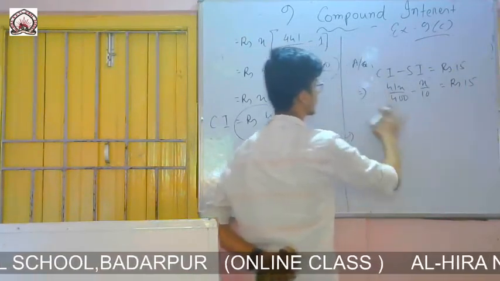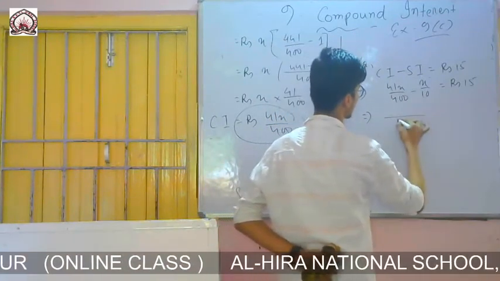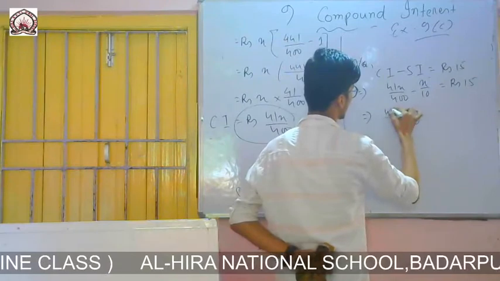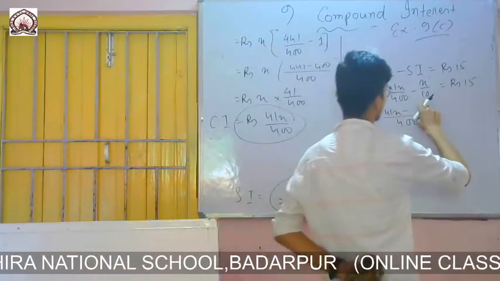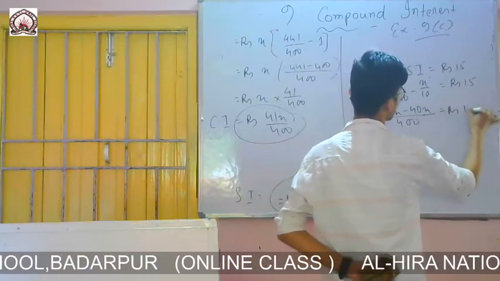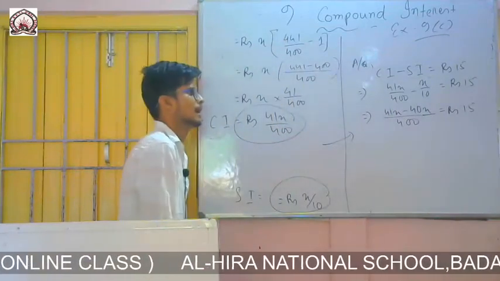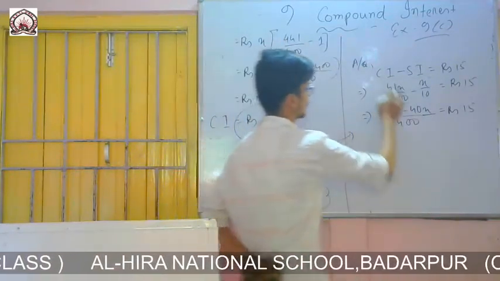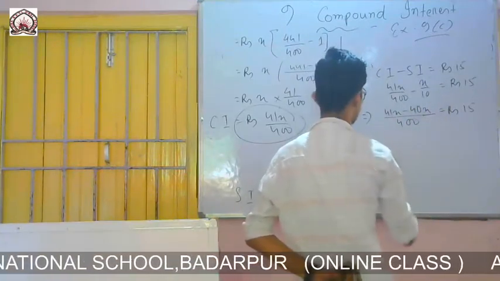One thing you do, don't need to give your rupees, simply keep it on that side. So if I solve this one, it will be 400. There are 41x minus, 10 into 40, that means there it will be 40x equals 15. Simply I took the LCM, 400, so it will be 41x minus 10 40s are 400, so 40x.